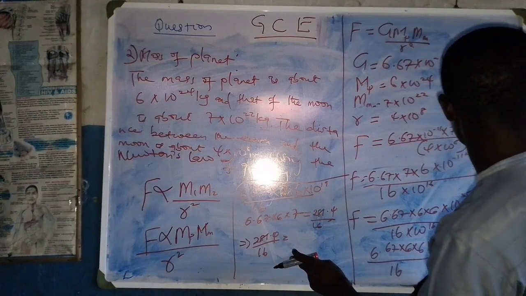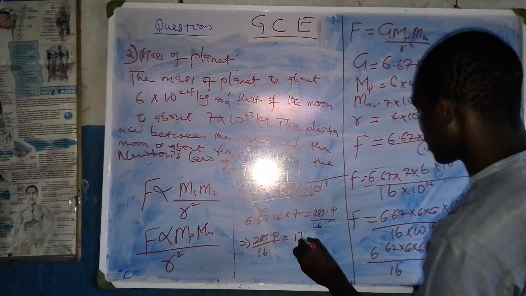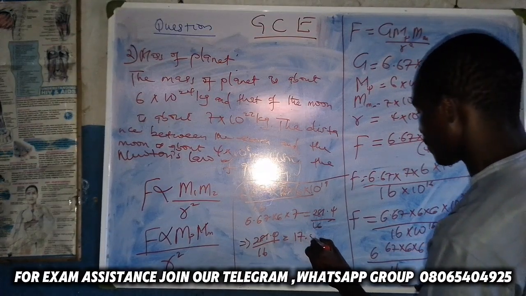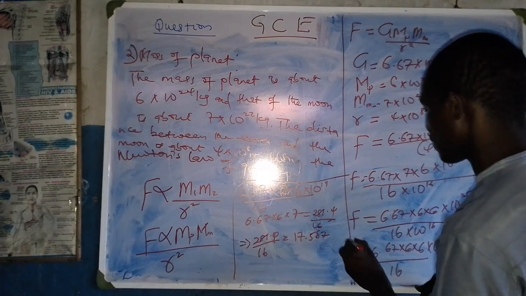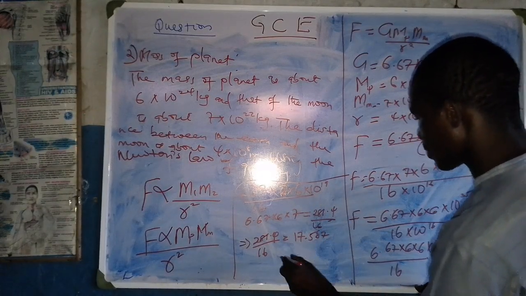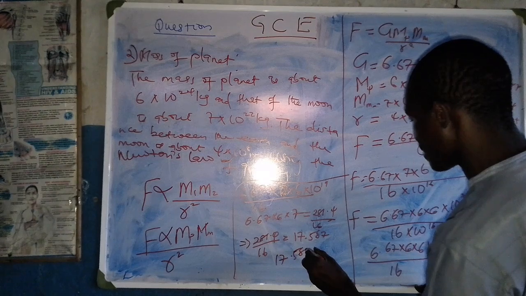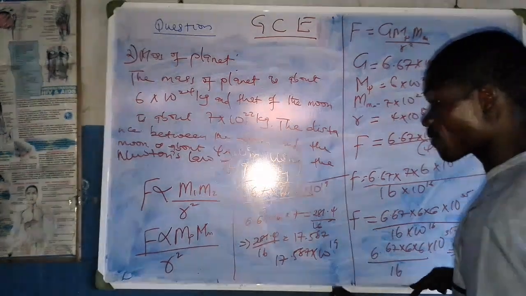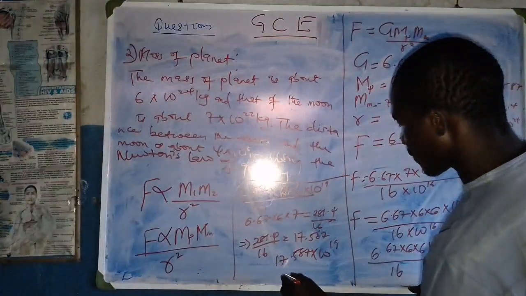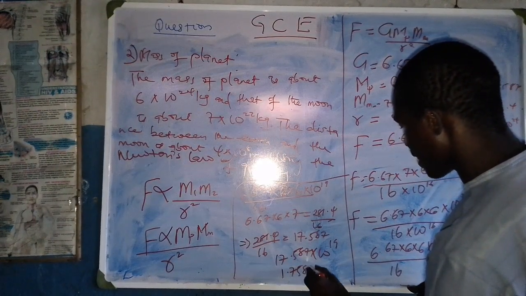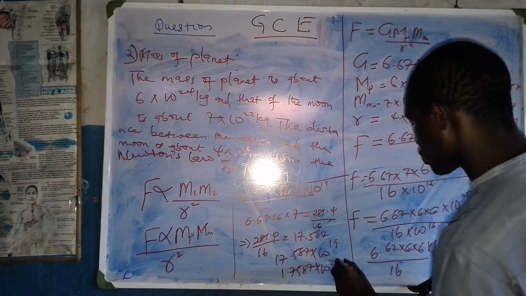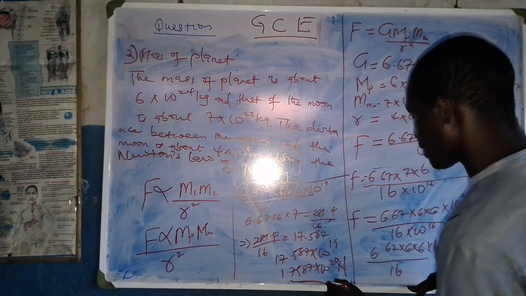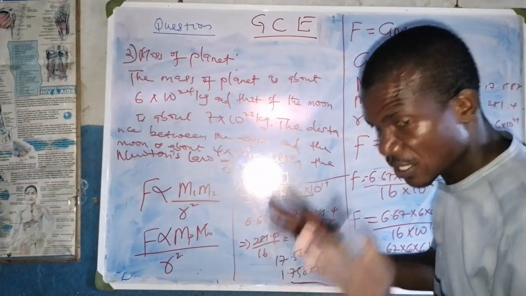Dividing, I'm going to have 17.587. Bring it to the power: 17.587 times 10 raised to the power 19. In standard form, moving one place, I'm going to have 1.7587 times 10 raised to the power 20 Newton. That's the final answer. God bless you and remain blessed.